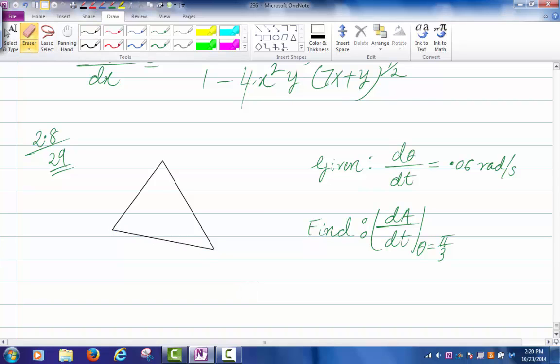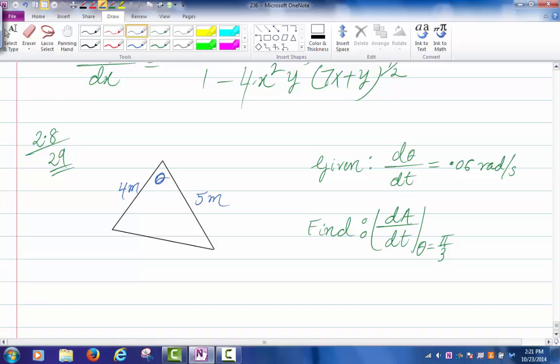This is the angle theta, this is 4 meter, this is 5 meter. Again, how many variables do I have? I have the angle theta, I have the area A, I have the time t, 3 variables, and I have to find an equation involving the 3 variables.